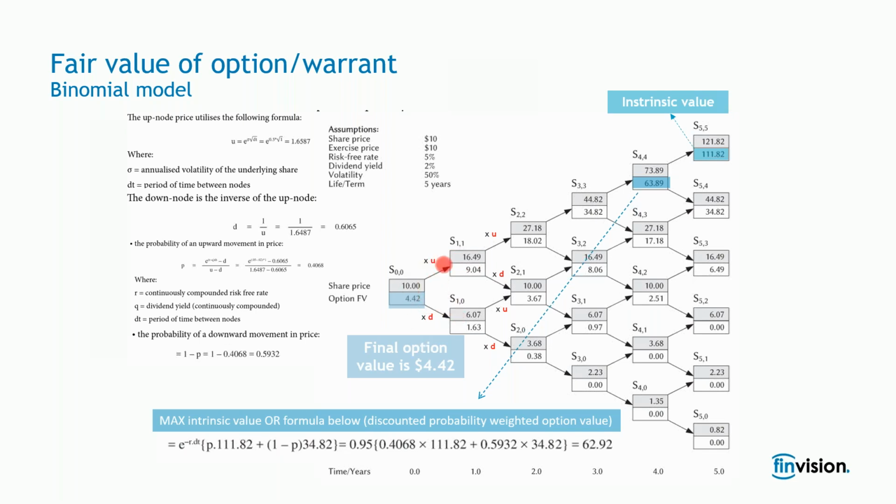The probability of the upward movement is 40%. The downward movement is 60%. That's how we calculate. Then we are at year 2.